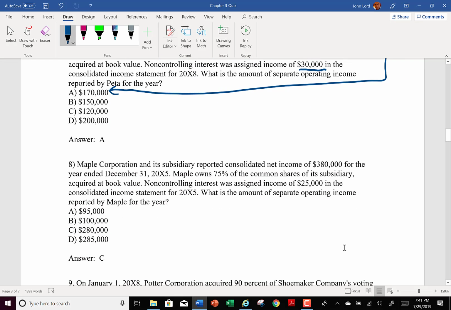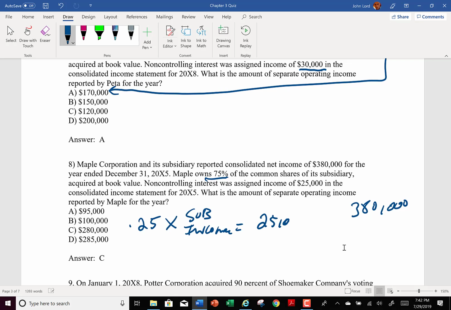Here's another one that's basically different numbers. Okay, so we have what? We have the consolidated net income is 380. We assigned 25,000 to non-controlling interest, and now it's 0.75. So 0.25 times sub income equals what? Equals 25,000. Good.